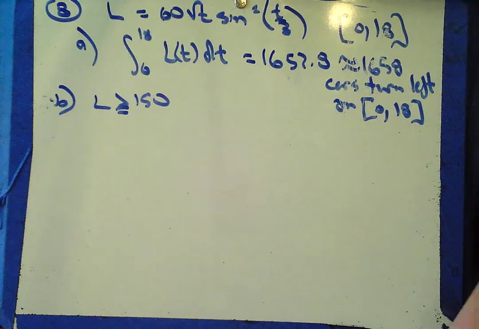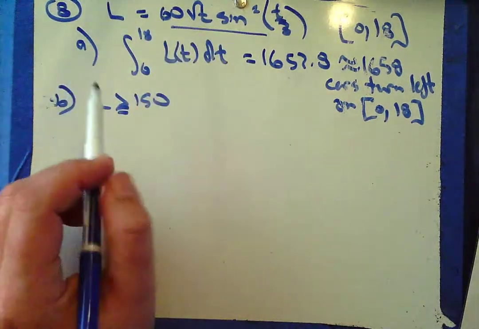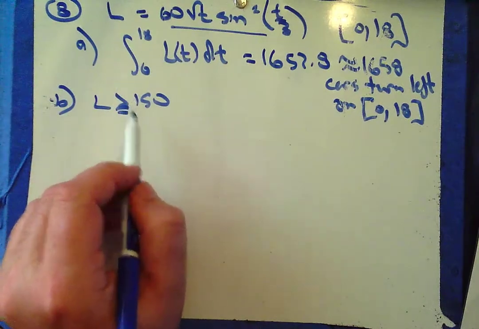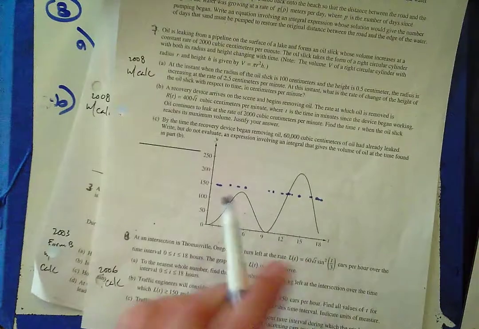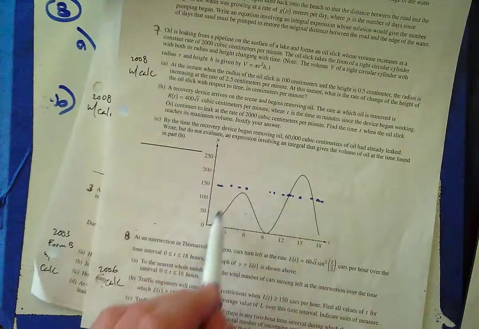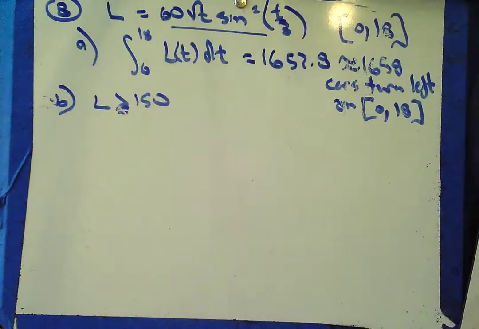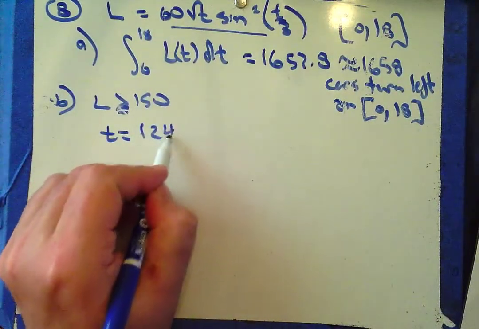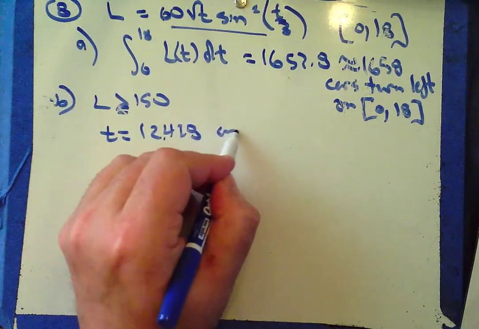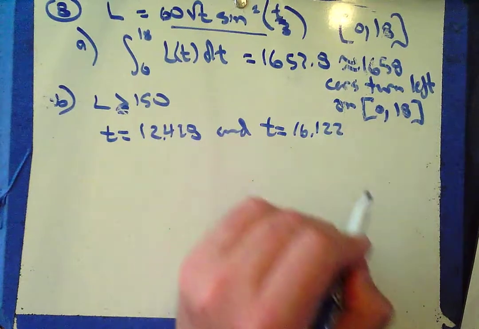Okay, so I'm going to graph L of t, and I'm going to do second calculate intersect with the line 150, just like I showed here. I'm going to graph 150, I'm going to graph L of t, I'm going to find these points of intersection. I found them to be at t equals 12.428 and t equals 16.122.